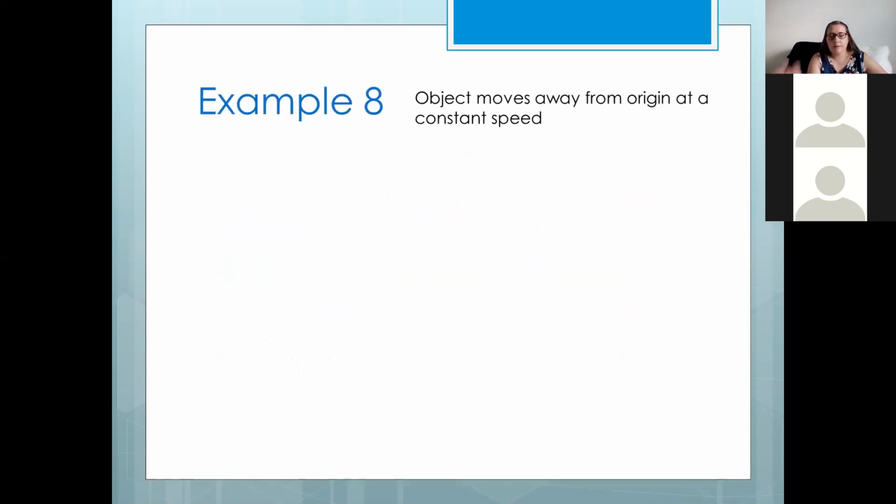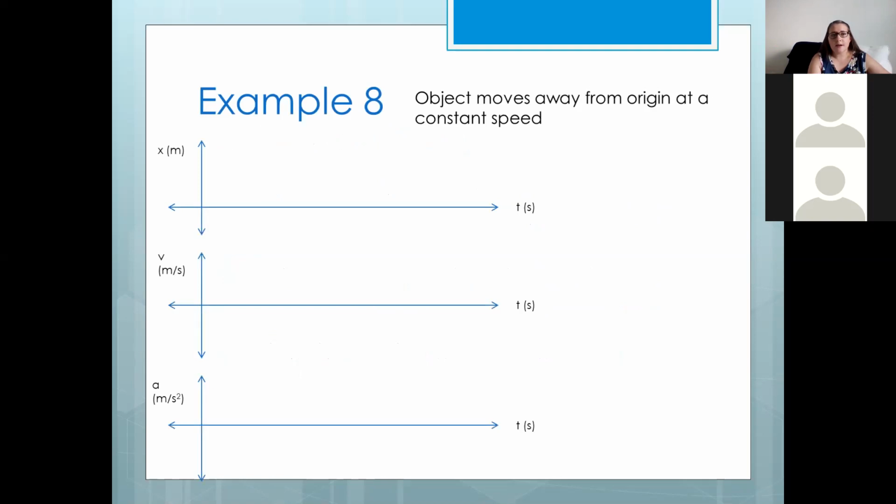I'm going to do a couple of examples of setting up these graphs and how they connect to each other. I have three different scenarios. Our first scenario: an object moves away from the origin at a constant speed. That's what we're going to try to graph.